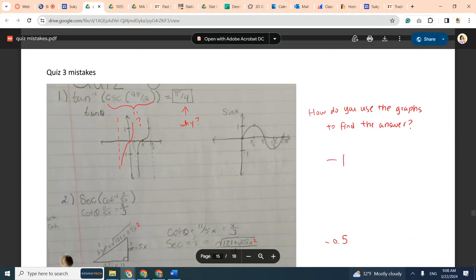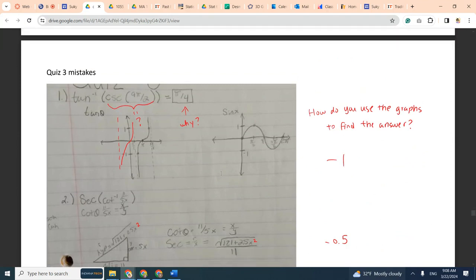So here, that's the correct answer. But how do you use the graph to find this answer? So show all the intermediate steps. Like, what is 9 pi over 2? You see 9 pi over 2 is not here. So you find the coterminal angle between 0 and 2 pi.